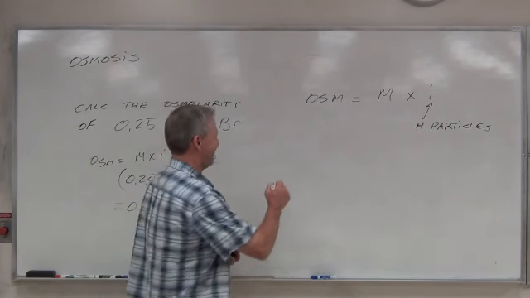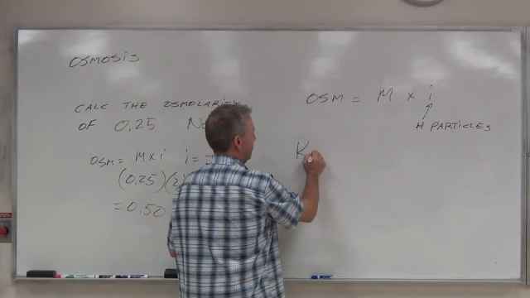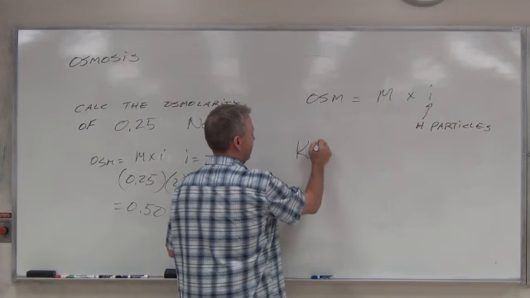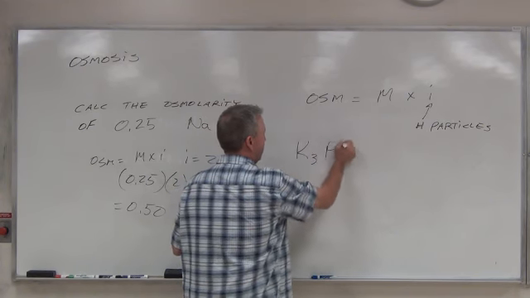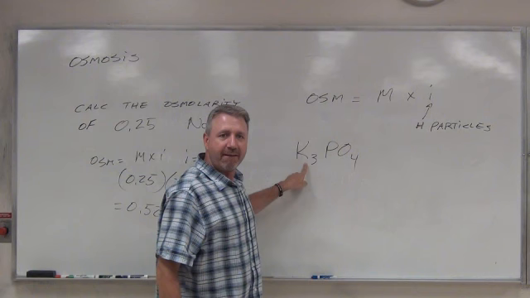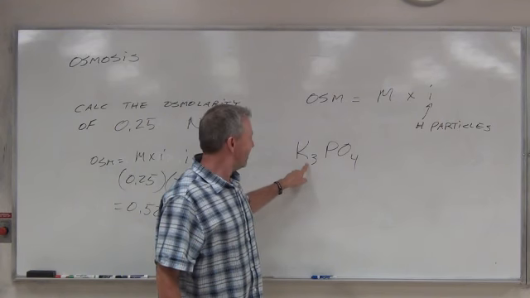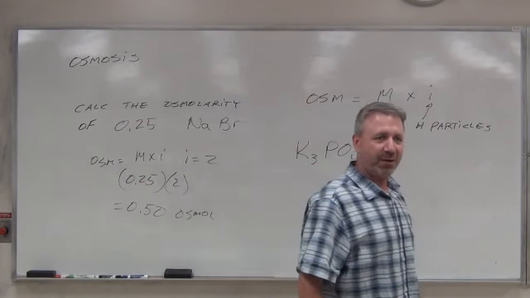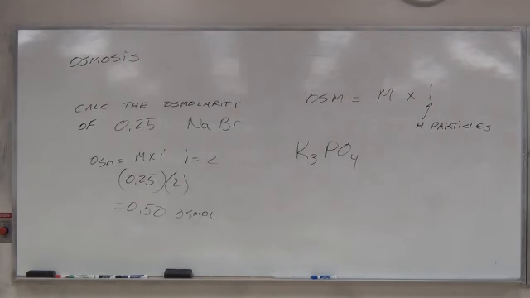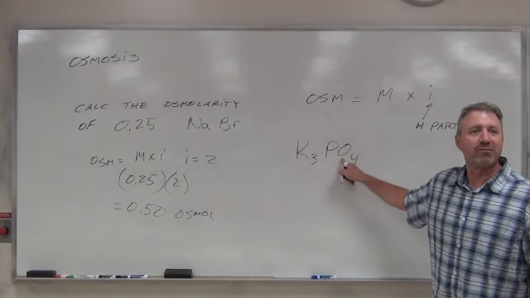I think she's got it. What's I? Say it. What's I for K3PO4? 4. 3 Ks, 1 PO4. 3 plus 1? 4.